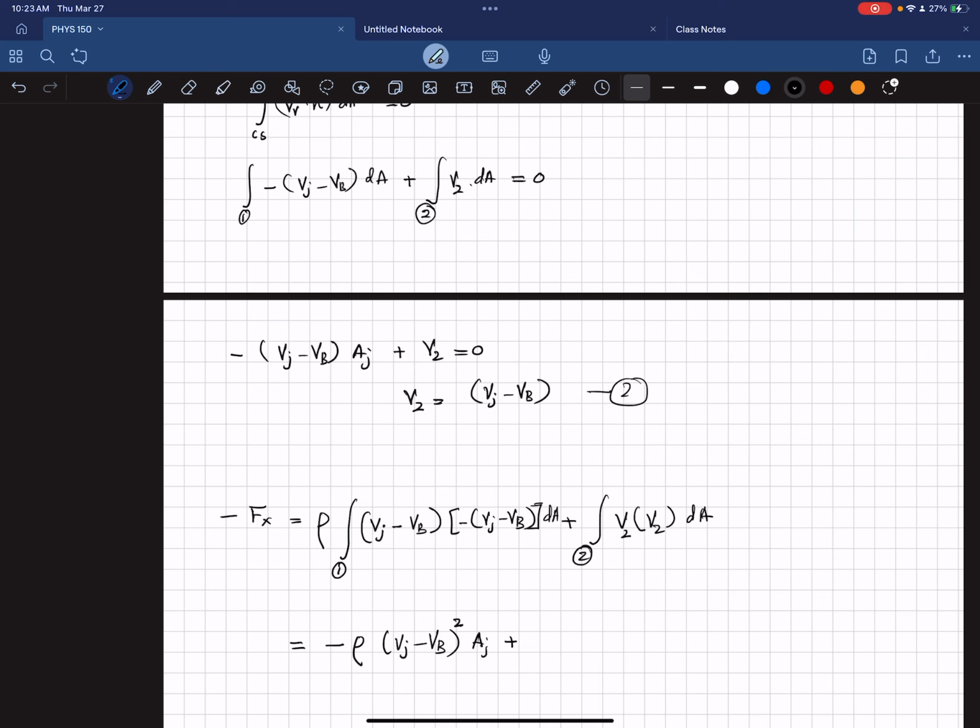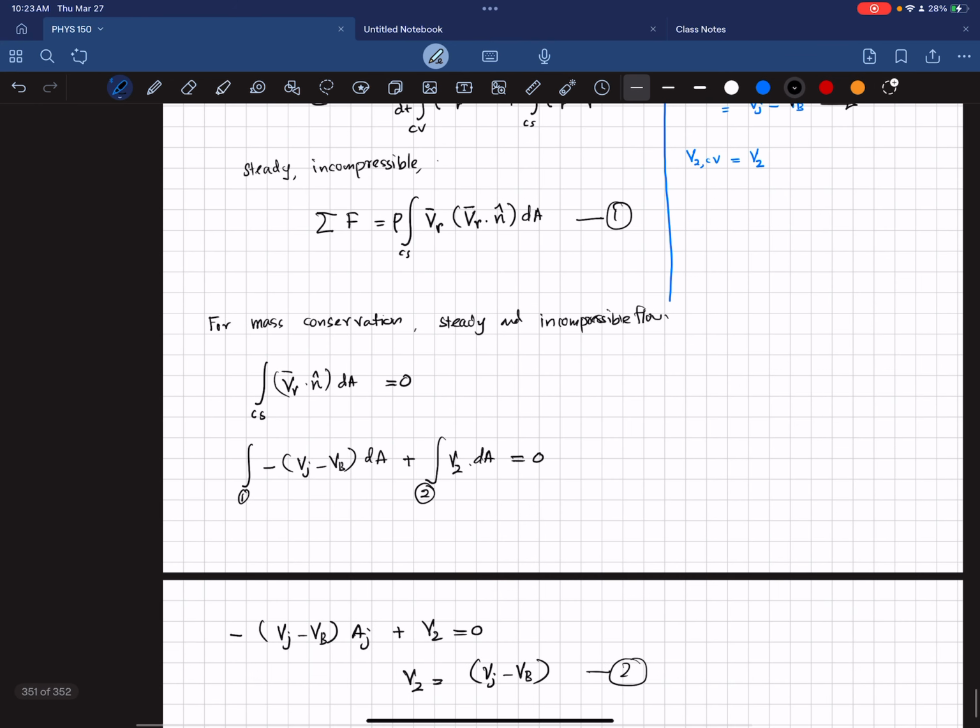This one should be negative because the direction is in this direction, so that's a negative V2. So you get negative Vj minus Vb times Vj minus Vb.